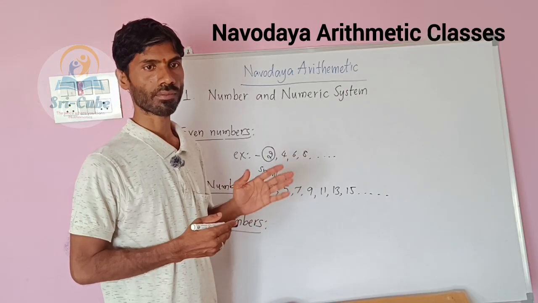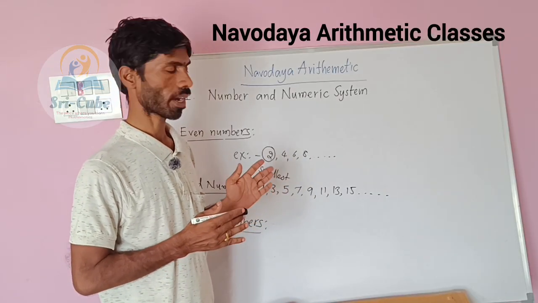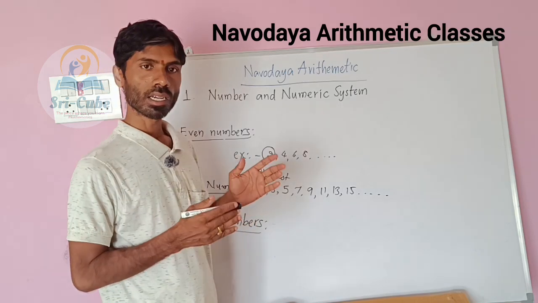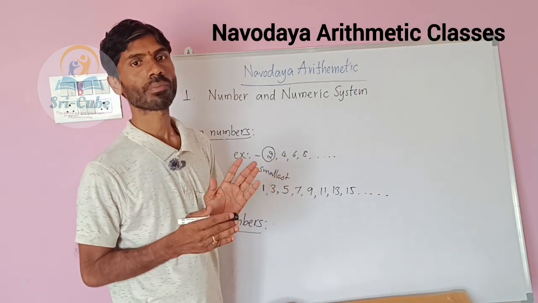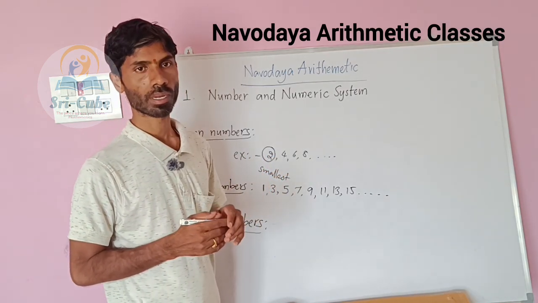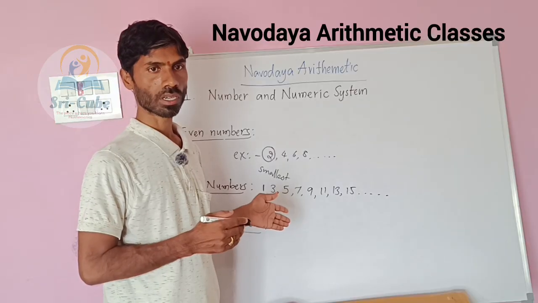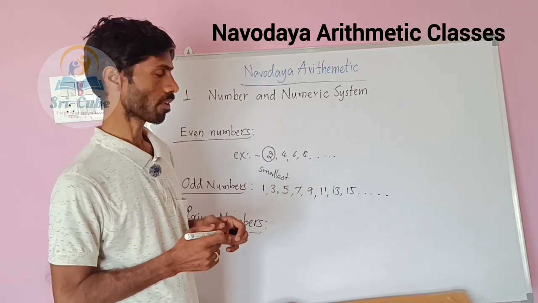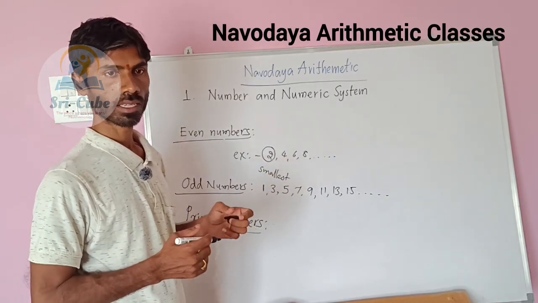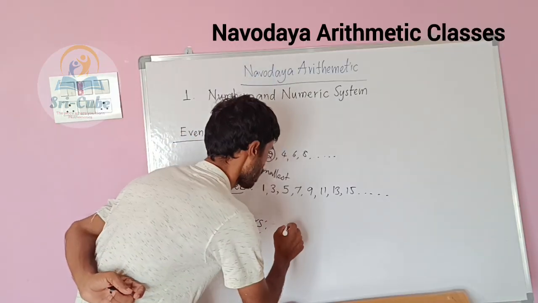Every number has factors, but the numbers having only one and itself as factors are called prime numbers.